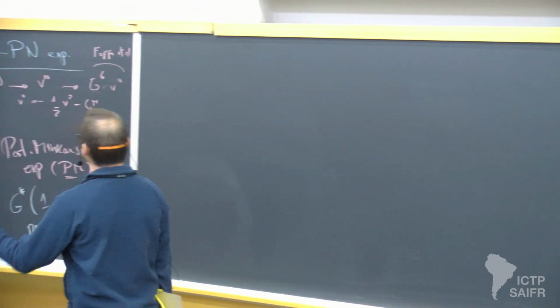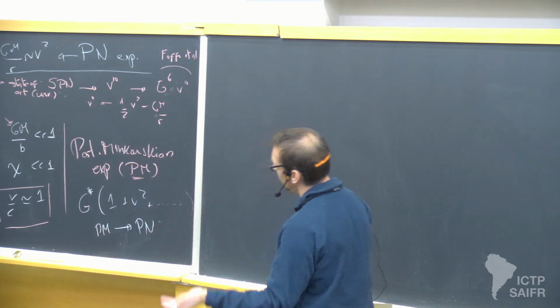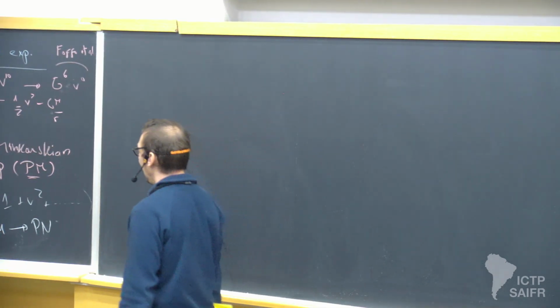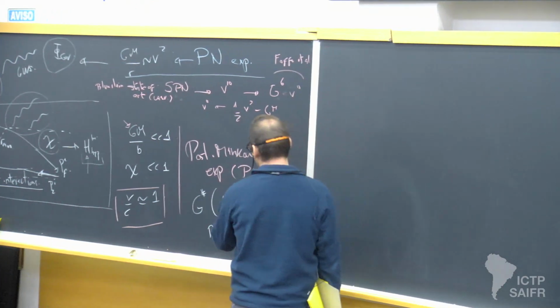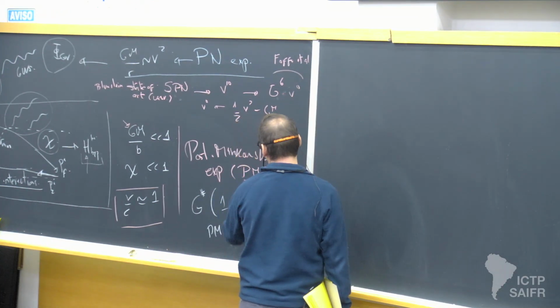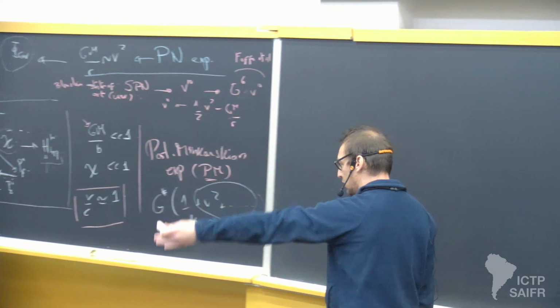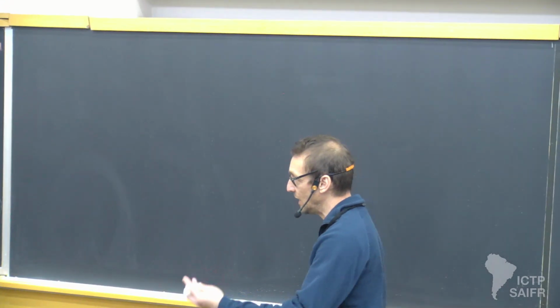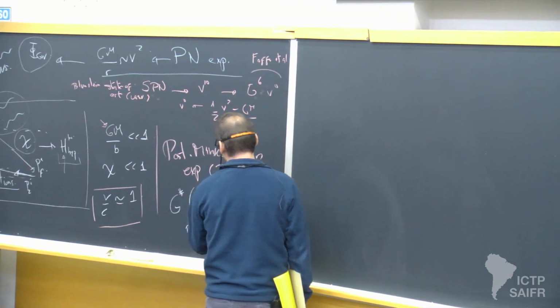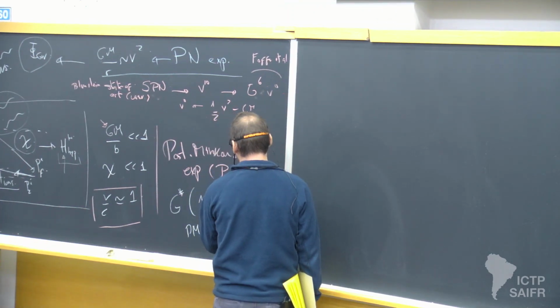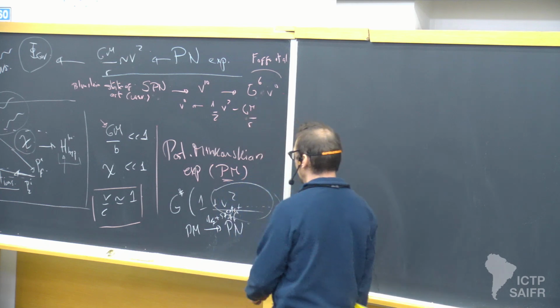You get G6, then G5 V squared, then G4 V4, and so on. So I get half. This gives me half. But at the same time, it includes all the velocity corrections of the next PN orders. So it's true it's half only, but then you get extra stuff from the fact that you get all this tower of velocities.